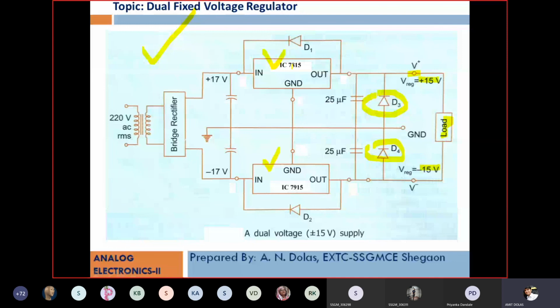As soon as this 7815 starts, plus 15 volt develops here, which will be connected through the load, and it will reverse the output polarity of the second IC to plus 15 volt if the diodes are not present, and this IC 7915 will be latched and operation will not be performed.